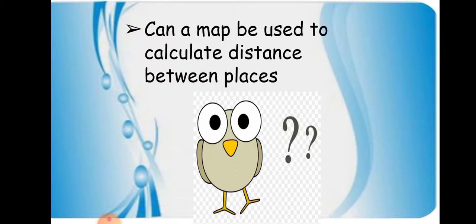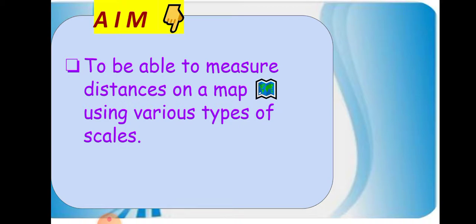Every map is drawn according to a scale which is represented at the bottom or top of the map. We can calculate distance using the scale provided on a map. So children, our aim is to learn to measure distances on a map using various types of scales.